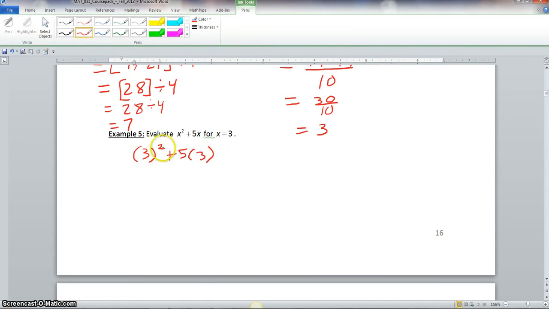So we look to our next operation, which is exponents. Parenthesis 3 squared is parenthesis 3 times parenthesis 3, which is positive 9. Now, plus 5 times the parenthesis 3 will give us 15. And 9 plus 15 is 24.